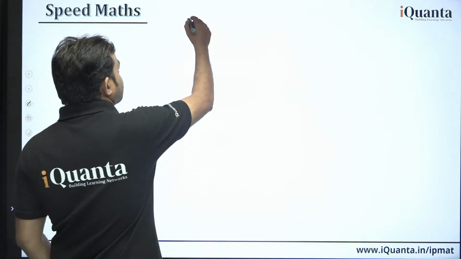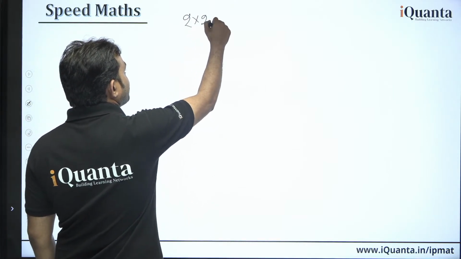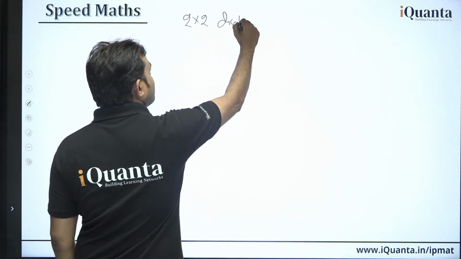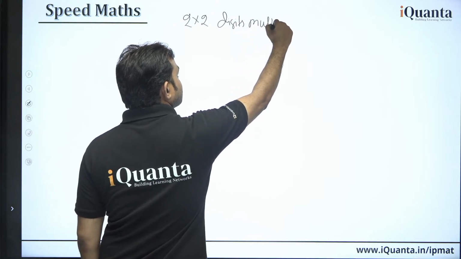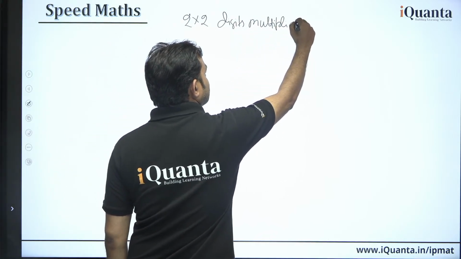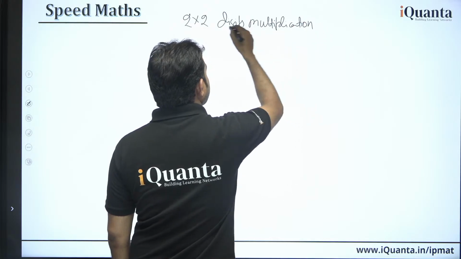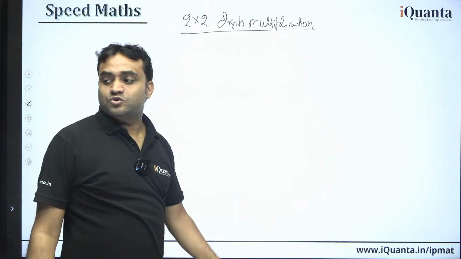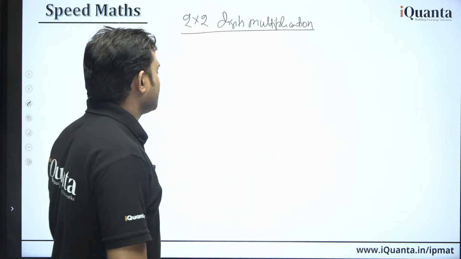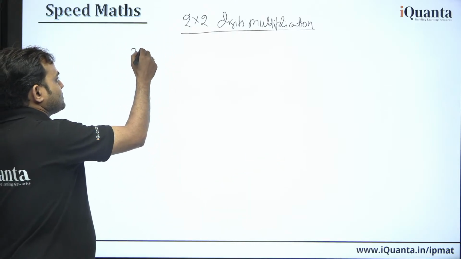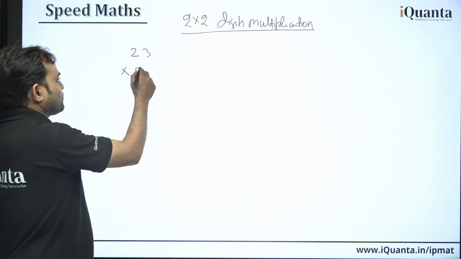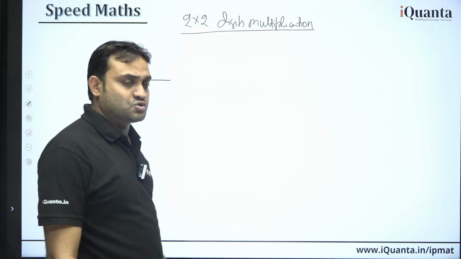So 2 into 2 digits multiplication. Okay. So we can choose any 2-digit number. We can learn how to multiply them. 23 into 51. How do we multiply these two numbers quickly?